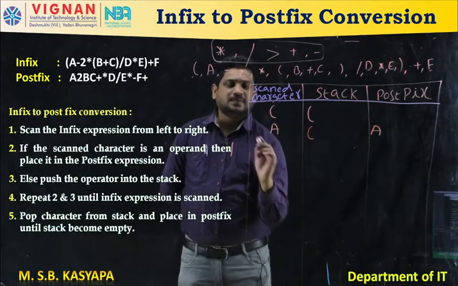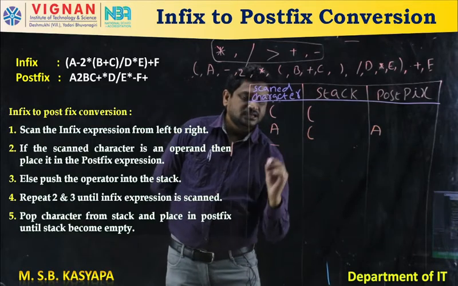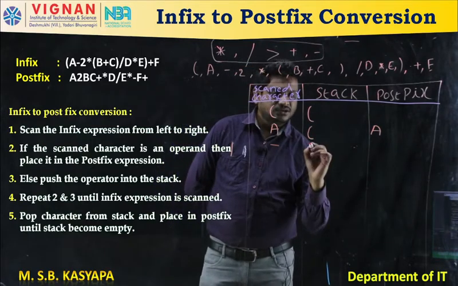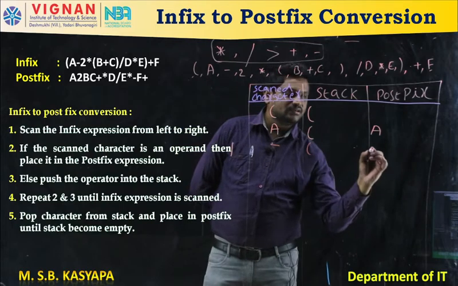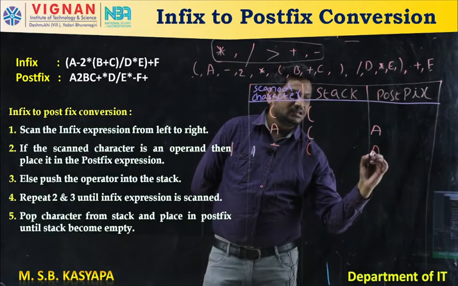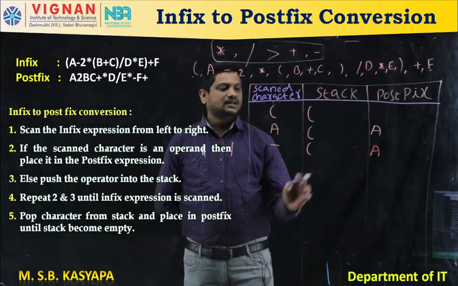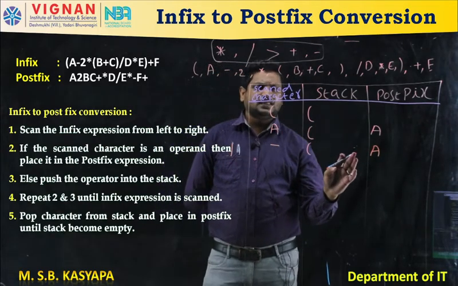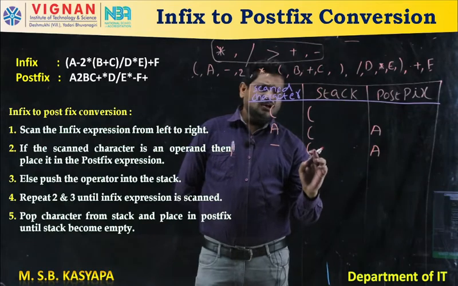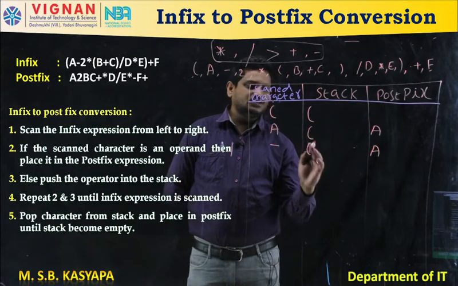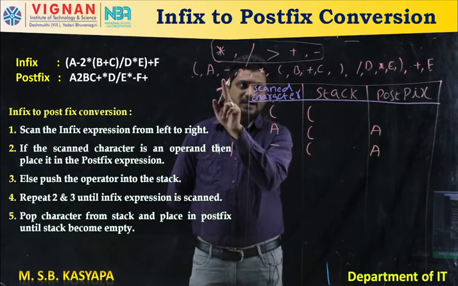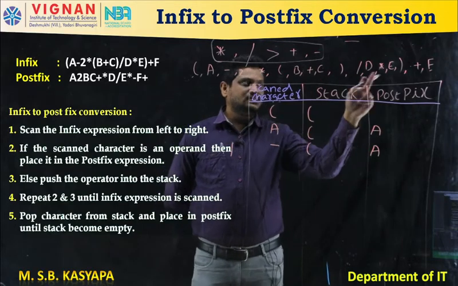Now, the next operator is minus. Here we will face a difficulty. What is the difficulty? Here we have operators. If I read like this, first the open bracket, then minus, then into, then plus, then into.